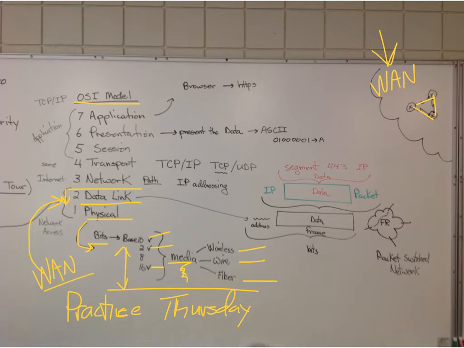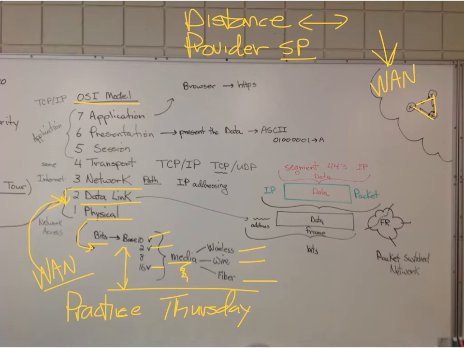I always think of it as having distance. Typically, we think of a WAN as having distance and some provider, often called a service provider, that allows us to span the distance. Which then develops what we call a wide area network compared to a LAN, a local area network, where the distance is smaller and usually the governance over the whole thing is one entity.